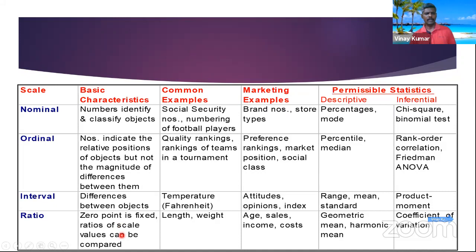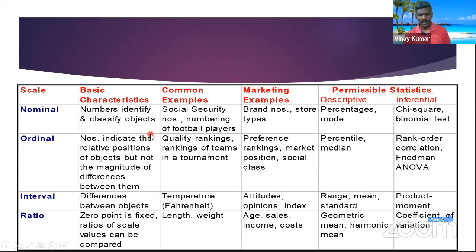That's why we can do accurate measurements with the help of ratio scale. Some of the marketing examples are age, sales, income, cost. Some of the statistical techniques that we can use: geometric mean, harmonic mean, coefficient of variation. So these are some examples which we will understand in detail in the statistical analysis stage.